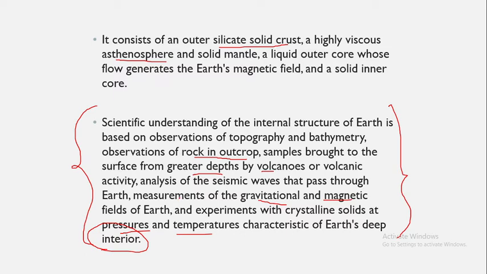Then measurements of the gravitational and magnetic fields of Earth. Then experiments with crystalline solids at pressure and temperature, characteristics of Earth's deep interior. So all these are the various parameters which we use for distinguishing the interior structure of Earth.